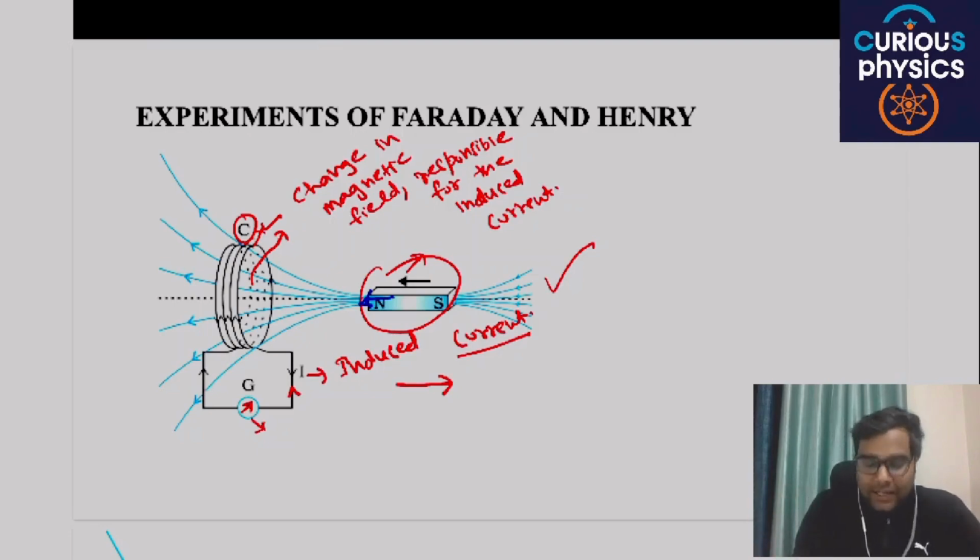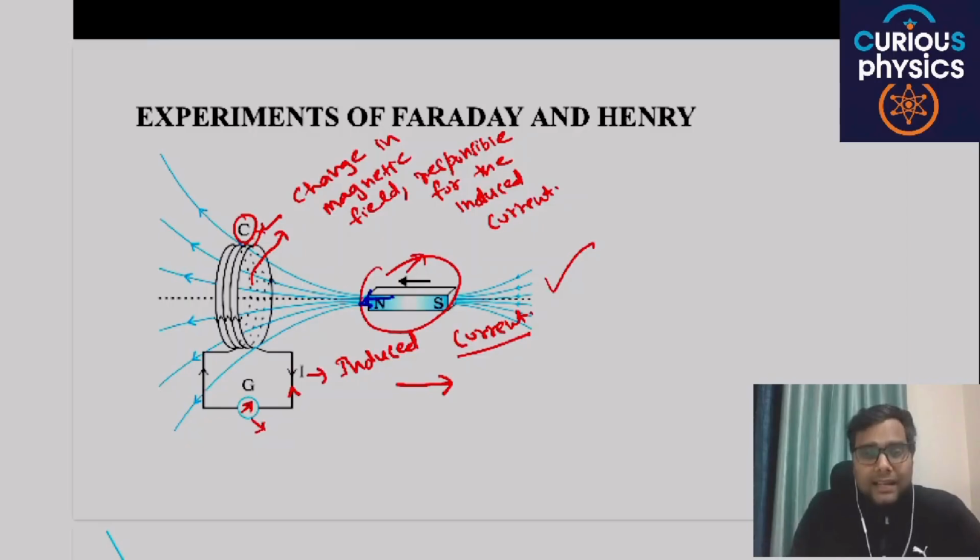That's why the direction of current is given in this direction, anti-clockwise, which opposes the effect of increasing magnetic flux.